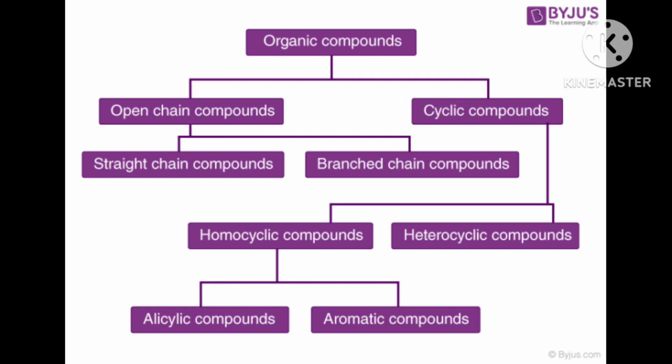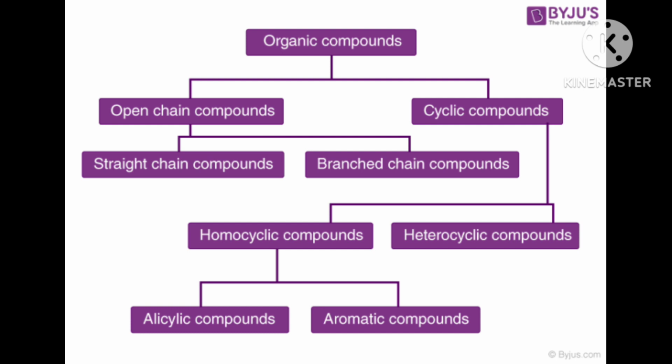Now aromatic compounds will again be of two types. One type is called benzenoid compound, which means the benzene structure will be there. Six atoms are joined to each other, and each carbon is joined by one hydrogen, with alternate double and single bonds.